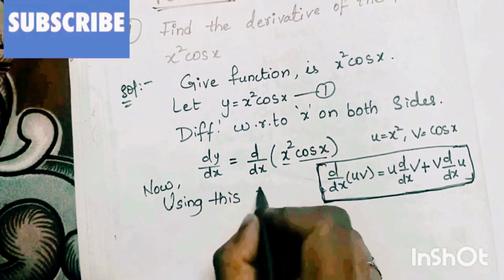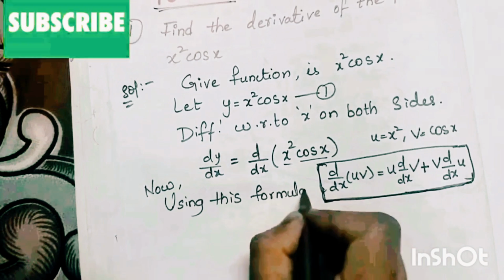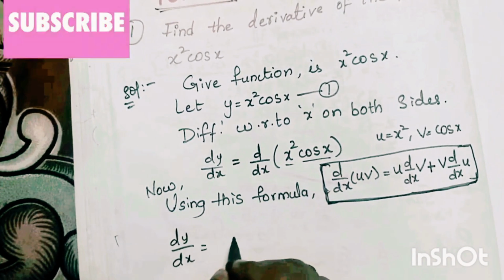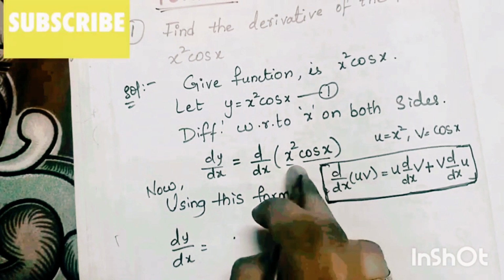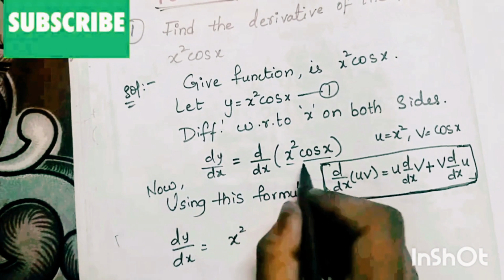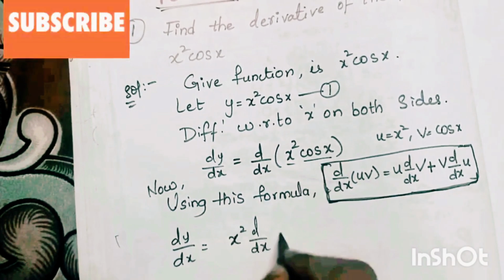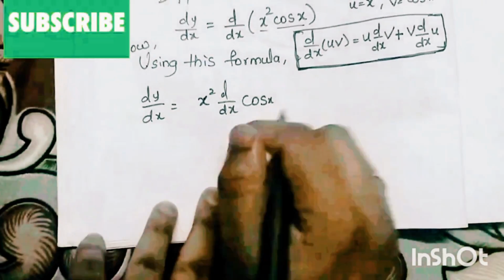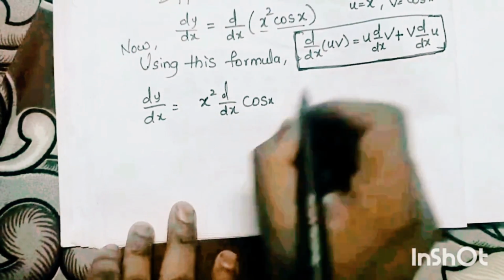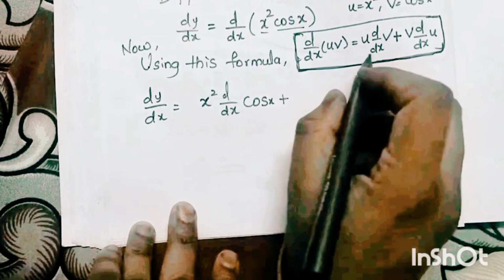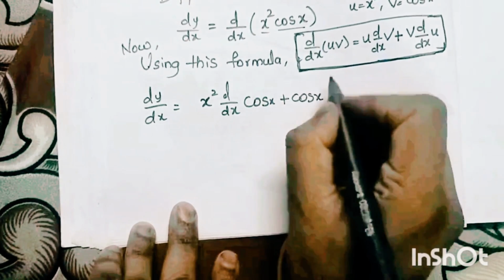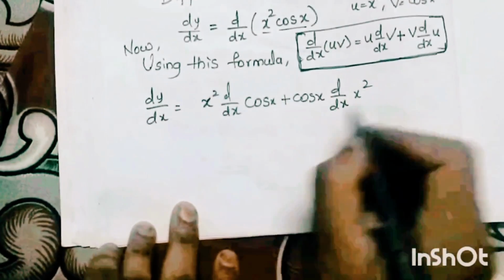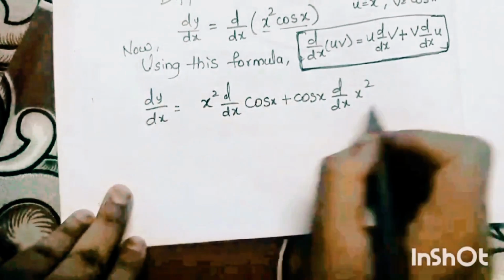Using this product formula we get dy by dx equal to u times d by dx of cos x, where v is the term we differentiate, plus v, which is cos x, times d by dx of u, where u is x square.